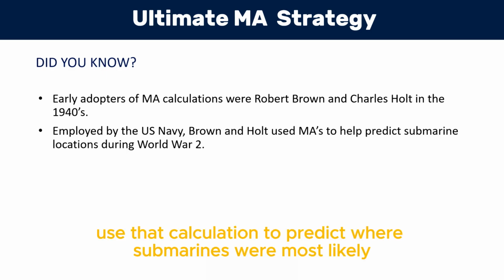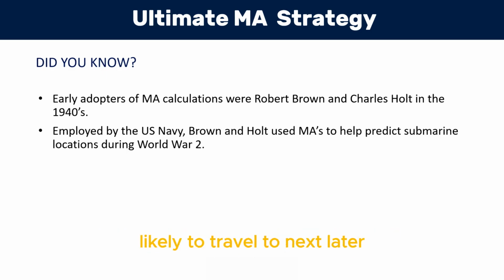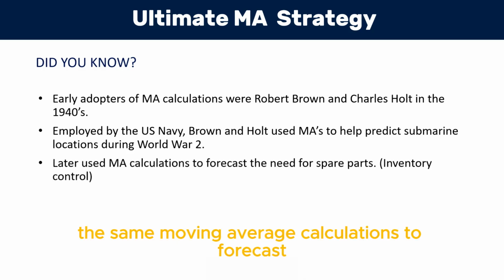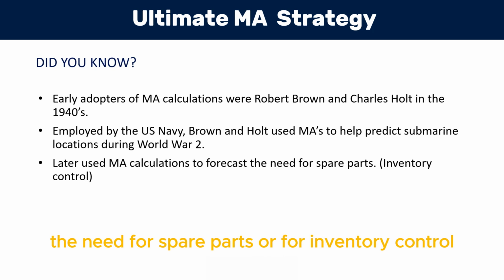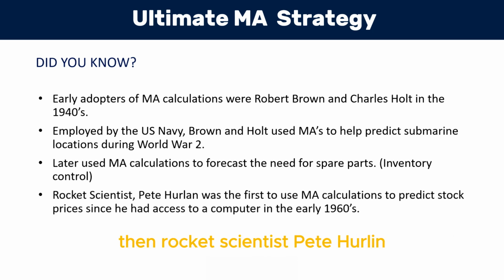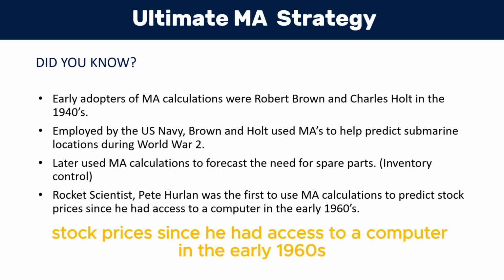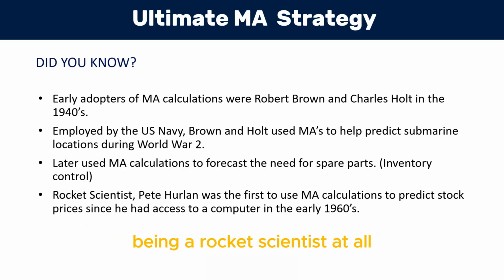So they actually used that calculation to predict where submarines were most likely to travel to next. Later, they used the same moving average calculations to forecast the need for spare parts or for inventory control. Then rocket scientist Pete Hurlin was the first to use moving average calculations to predict stock prices since he had access to a computer in the early 1960s, being a rocket scientist and all.